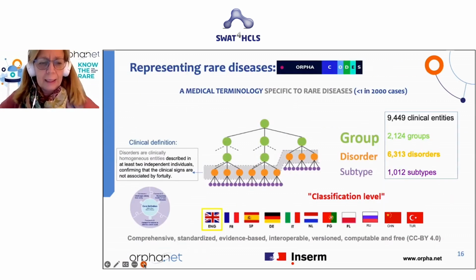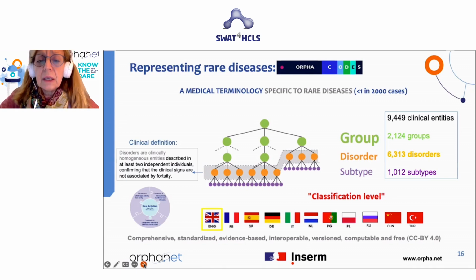So let's go now more in depth on this specific terminology. We adopted this clinical definition to determine what we call the aggregation level, that is the rare disorder level, shown by the orange dots here. So when we count the 6,000 and something rare disorders, we are counting the orange dots.